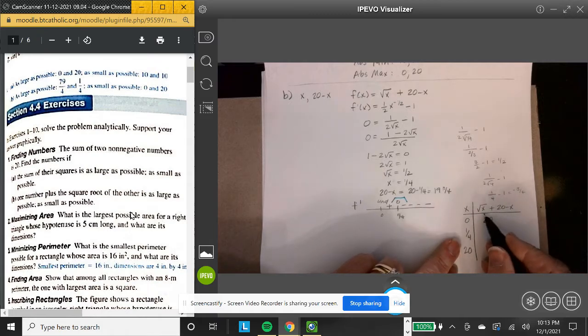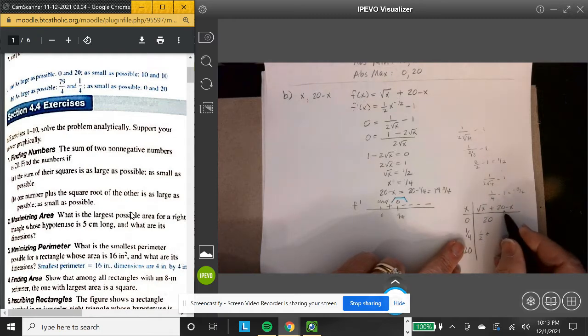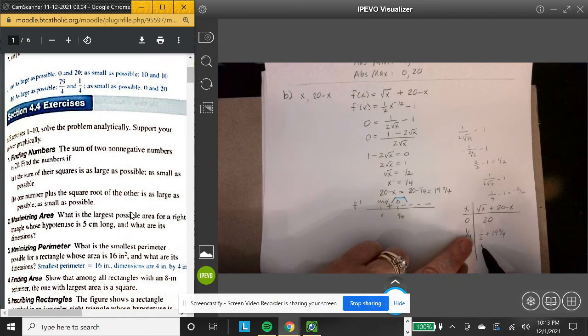When I plug 1/4 in here, I get, what's the square root of 1/4? Well, that's 1/2 plus 19 3/4. So if I'm adding 1/2, which is 2/4, to this, this is going to be 19 3/4 plus 2/4, which is 19 and 5/4, which means I can make this 20 1/4.